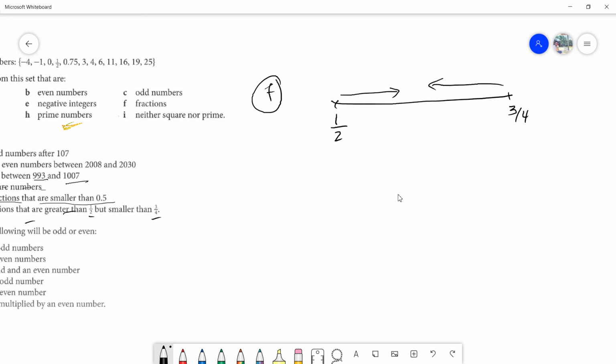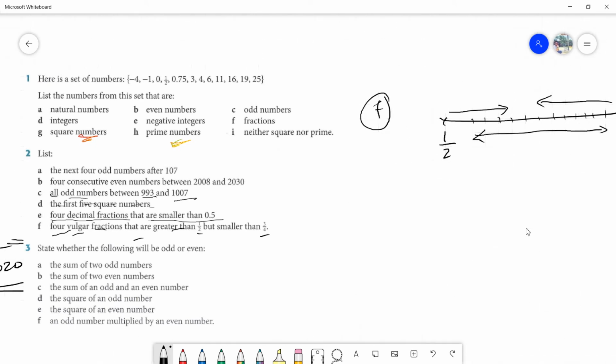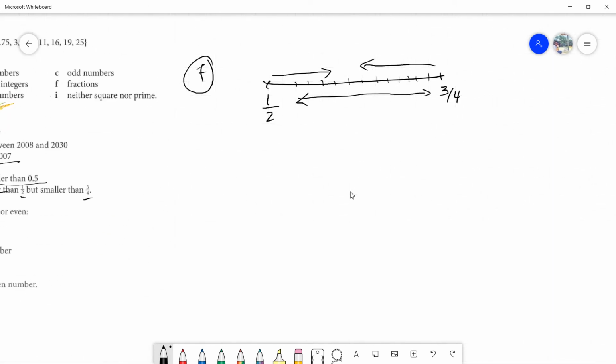We have to include numbers which can be any numbers between these two, but in vulgar form. You can just mention any, but I will write 11/20, 3/5, 13/20, 7/10, and so on.